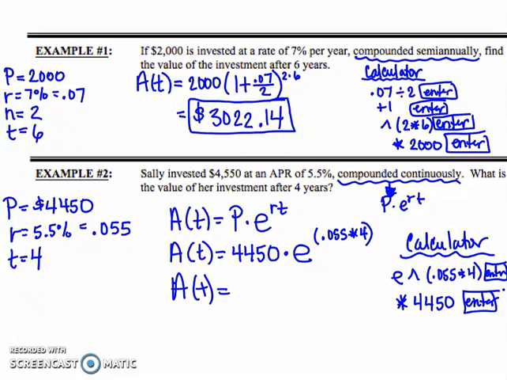The answer that you should get is $5,669.65. If you are having any issues with your calculator or typing any of these in, please come and see me and I can help you figure it out.